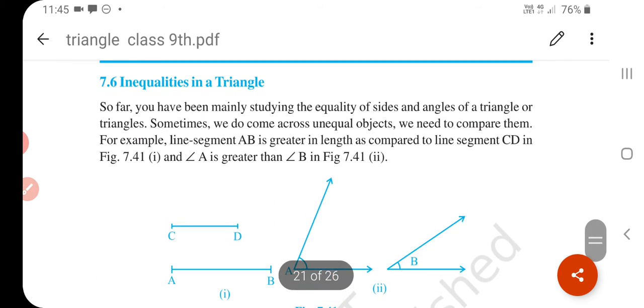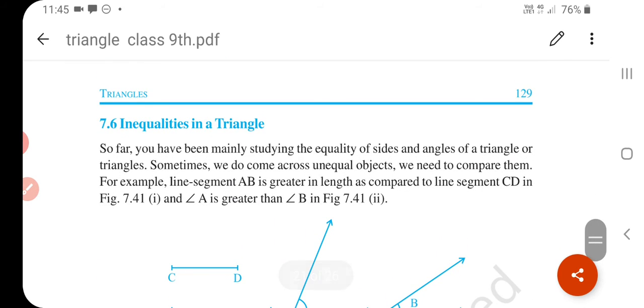Now the next point of this chapter is inequality in triangles. What is inequality? Sometimes we can say that yes, two sides are equal and two angles are equal, then the two triangles are congruent to each other.